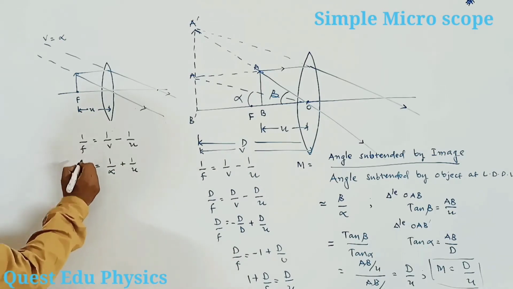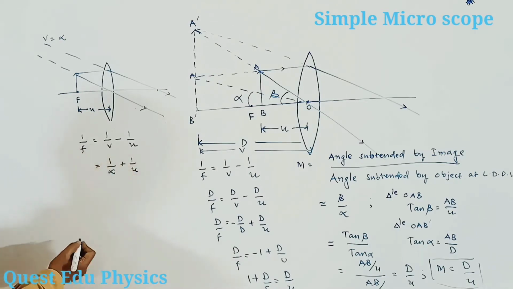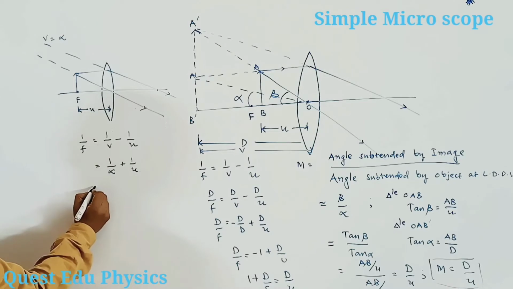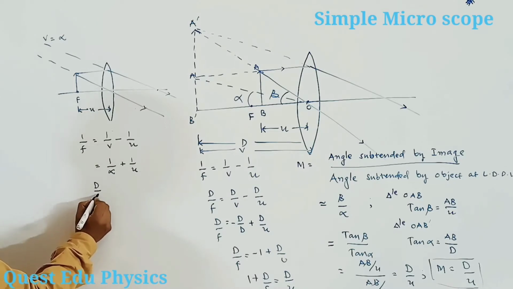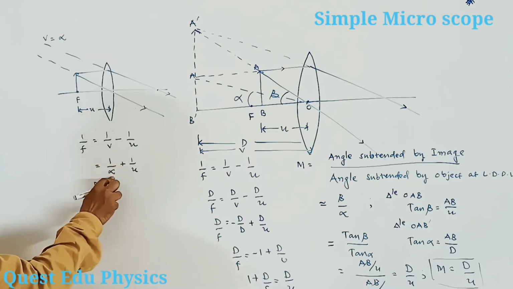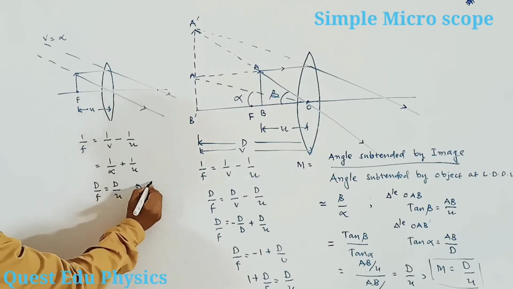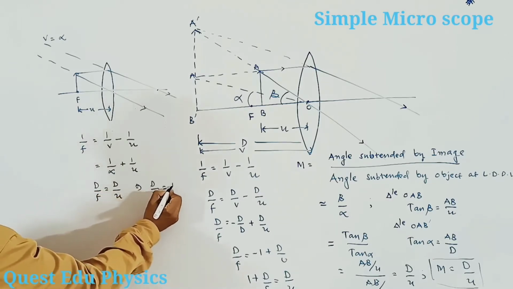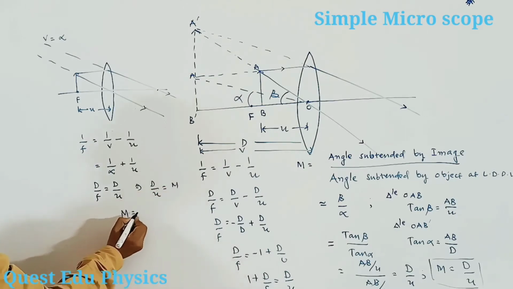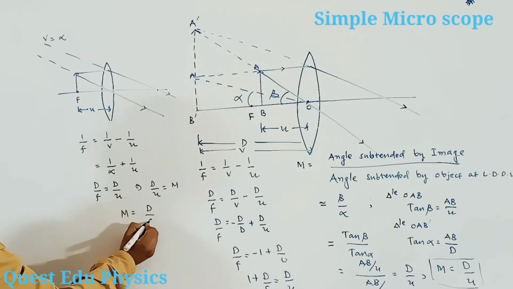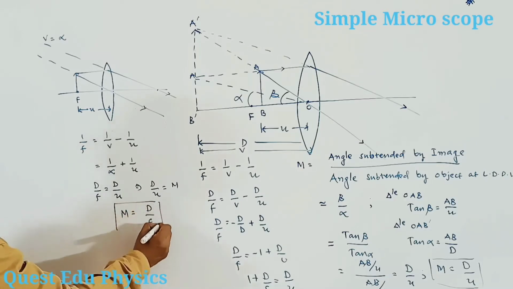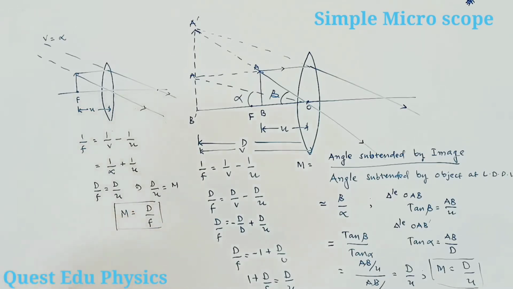Then multiplying both sides with d, what I get? d by f is equal to 1 by infinity, which is 0, plus d by u. Here you know that d by u is again the magnification. M is equal to d by f. It is the equation to get the magnification at infinity.